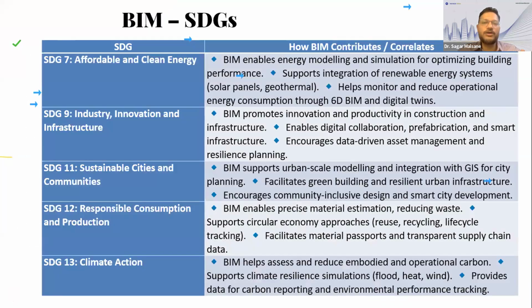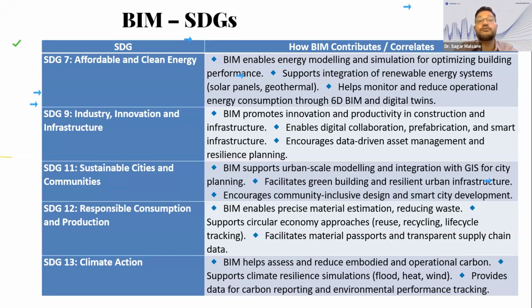Okay, so this was about in general how BIM and typical project level sustainability goals can be correlated, or how they help each other. But BIM can also directly contribute towards some of the sustainability related goals, the SDGs. We refer to them as Sustainable Development Goals. So SDG 7, SDG 9, SDG 11, 12, 13, those are the goals which have a direct correlation with BIM.